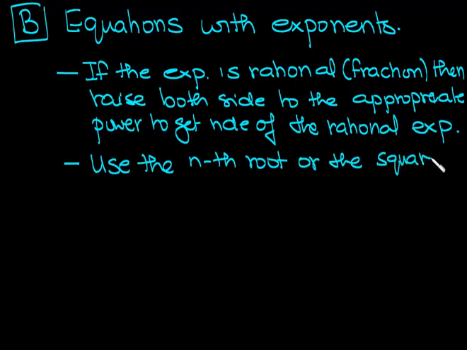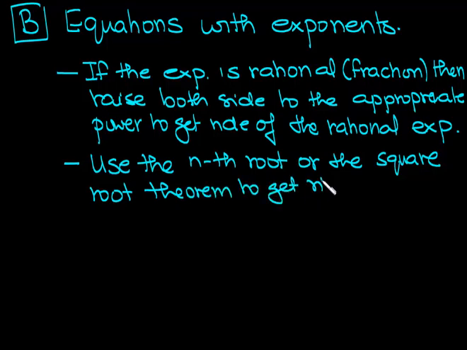Remember the square root theorem from section 2.4? Square root theorem to get rid of the exponent or the power. I'll call it the power this time. I know it sounds a little goofy right now, but as soon as I do one example, it'll make perfect sense. So let's take a look at an example.